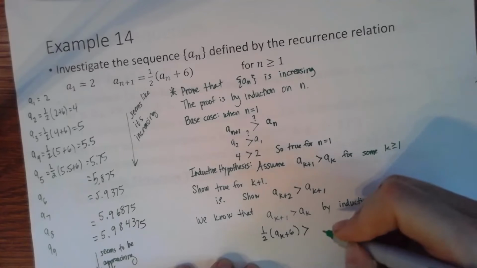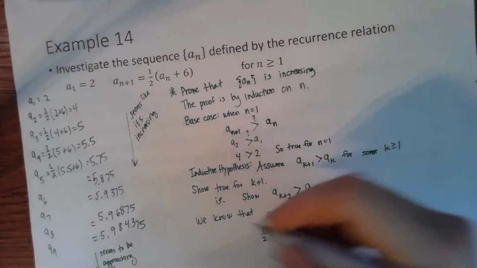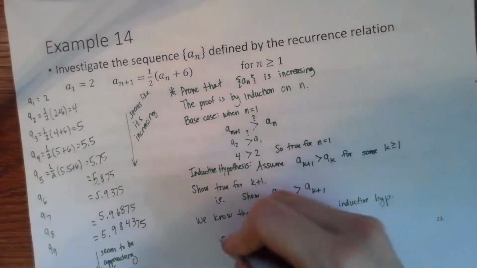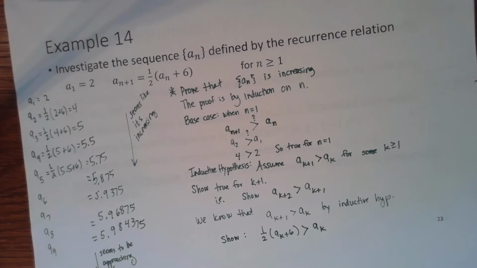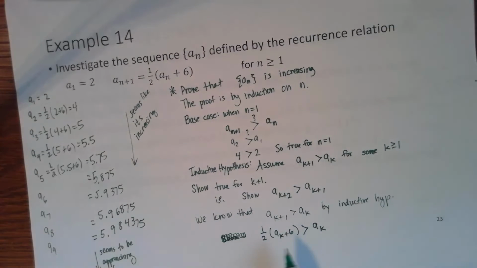We just want to prove that it's greater than a sub k. Or, well, I guess we already know this. Sorry. We know that a sub k plus 1 is greater than a sub k by the inductive hypothesis.